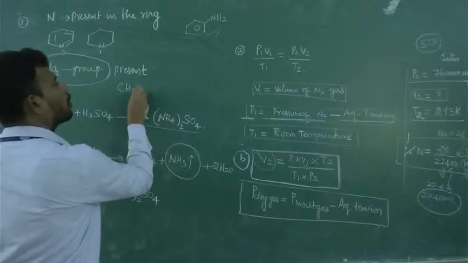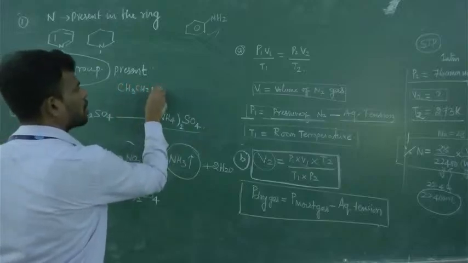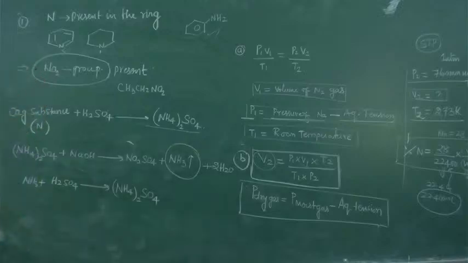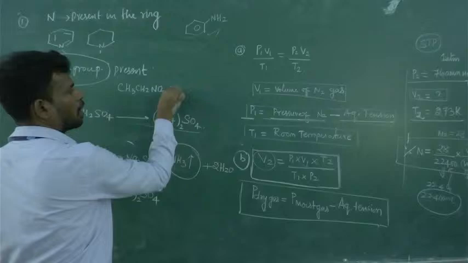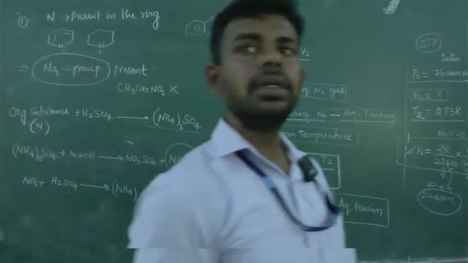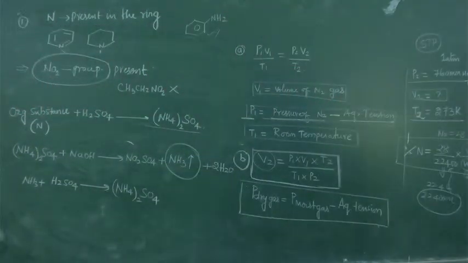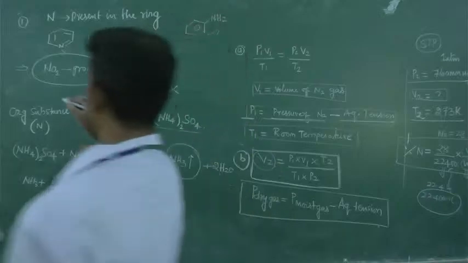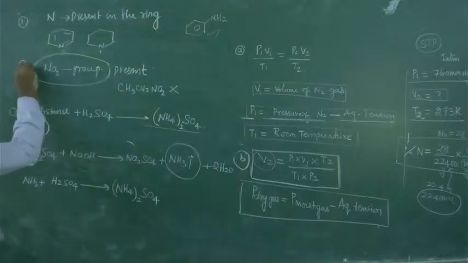suppose you take this compound. Can we estimate this compound using the Kjeldahl method? No. Wherever a nitro group is there, can the nitro group nitrogen be estimated? The answer is no. Okay, next, third, this is the second point. So if a nitro group is there, you cannot estimate.